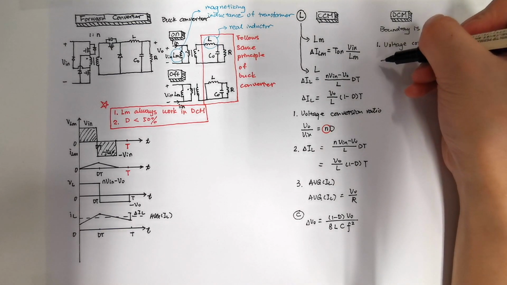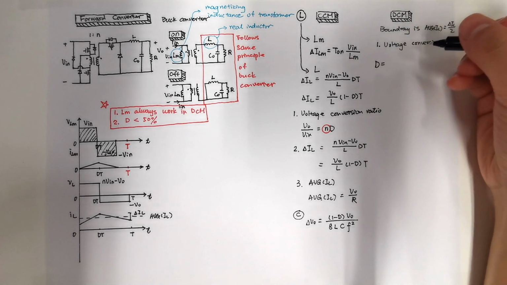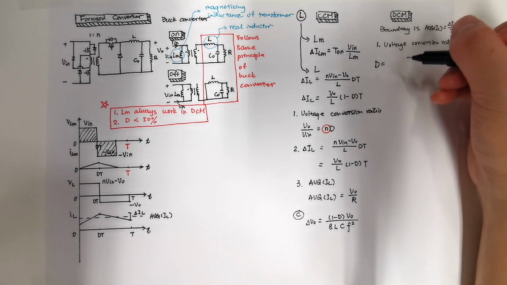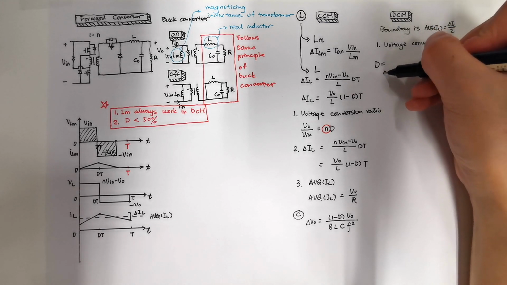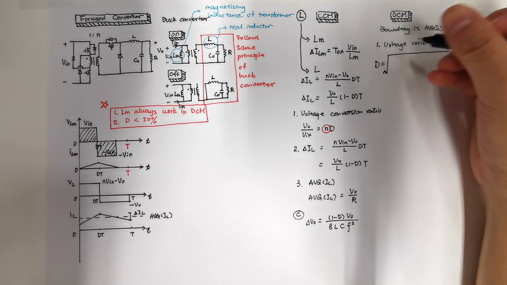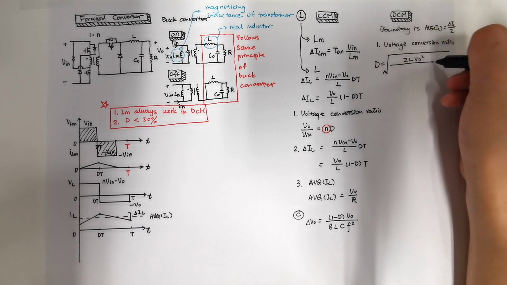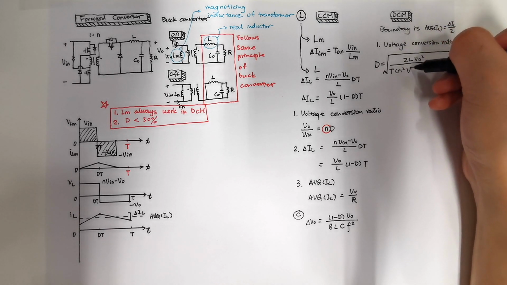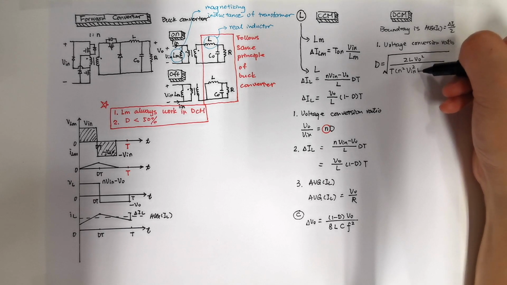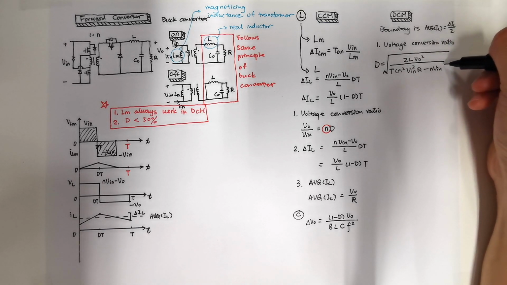I'll directly give you the duty of the forward converter when it's in DCM, which is equal to the square root of 2L Vout squared divided by T times N squared Vin squared R minus N Vin R Vout.